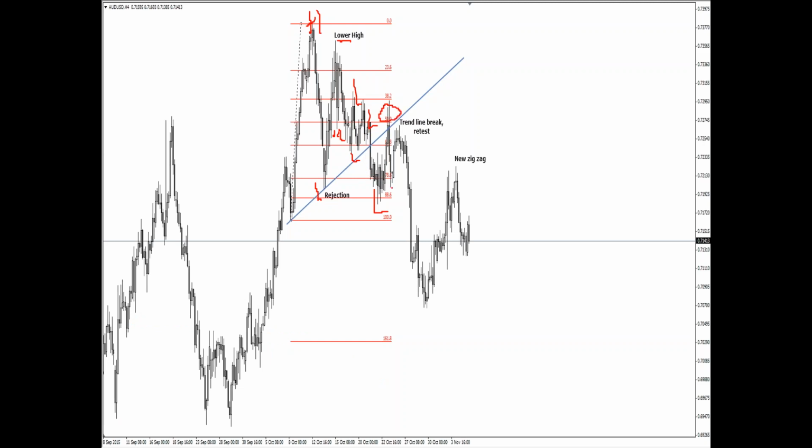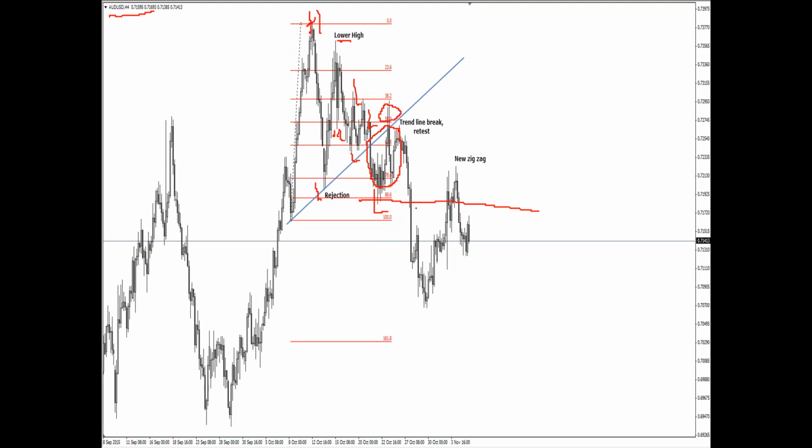And look, at this time here, the price has made a first zigzag in a new trend. Until here, we had bullish trend on 4-hour time frame. At this point here, we knew 80% that this will be a trend change here. And trend change is confirmed here.